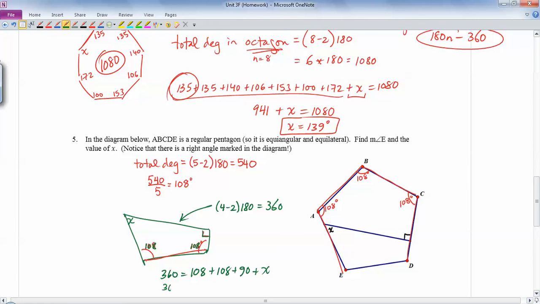So let's see, that's 360 equals 108 plus 108, 216 plus 90, 306, I think it is, plus x. And then if you solve for x, you get 54. So x is 54 degrees. That's this angle right there.